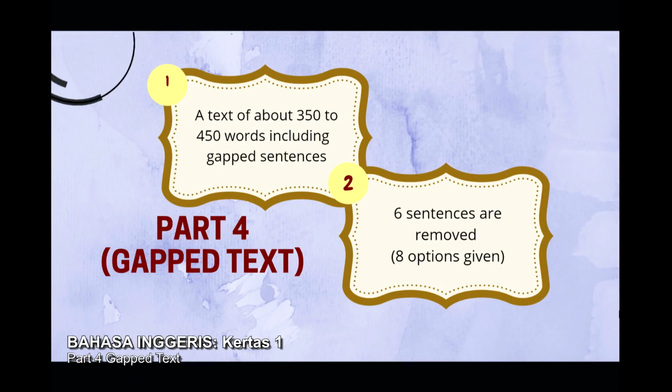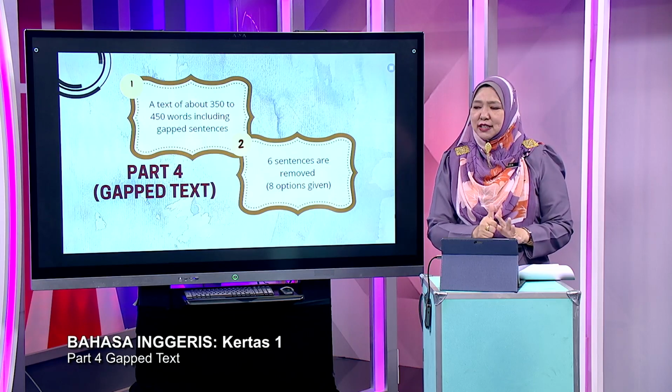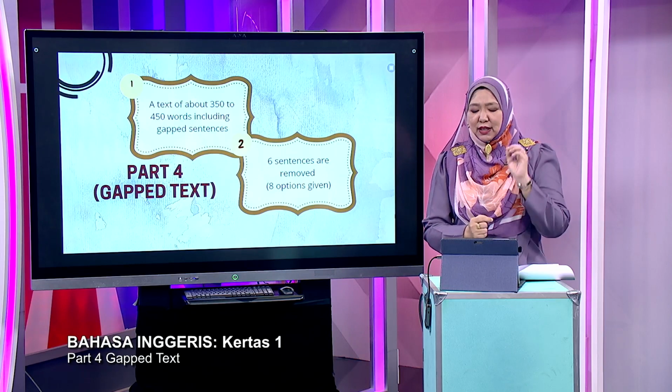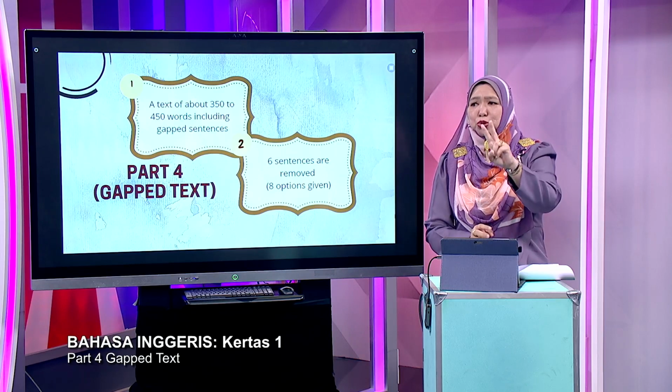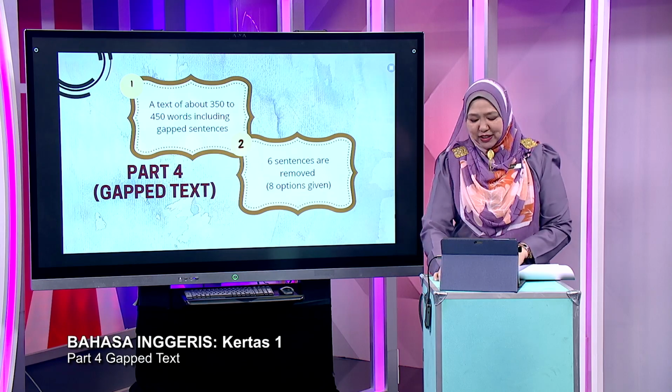What are gapped sentences? 6 sentences are removed from the text. However, there are 8 options given. You have to search for the 6 gap sentences, but there are 8 options given, so there are 2 distractors.